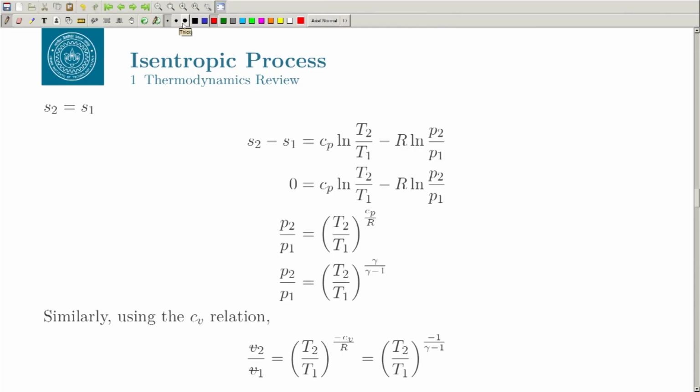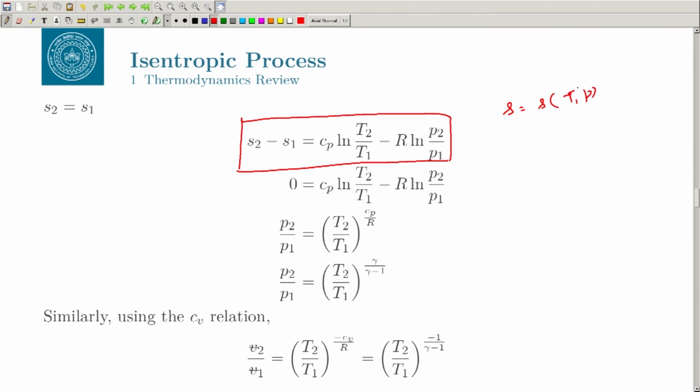So, using the first law and second law and considering that flow is isentropic, we derived some relations, and one of the relations was that S2 minus S1 will be equal to Cp ln T2 by T1 minus R ln P2 by P1. So, we said that for a calorically perfect gas S depends on both the temperature and the pressure.